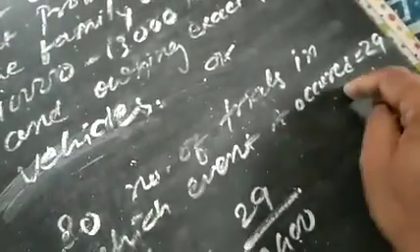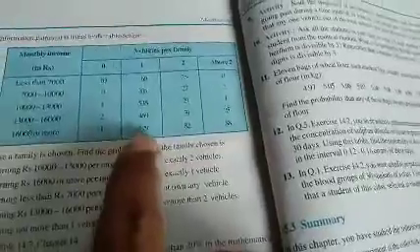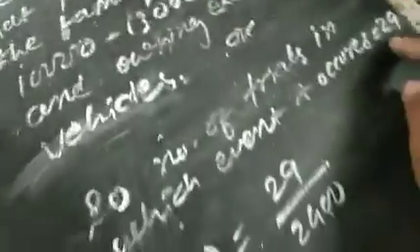The number of trials in which event B occurs is 579.